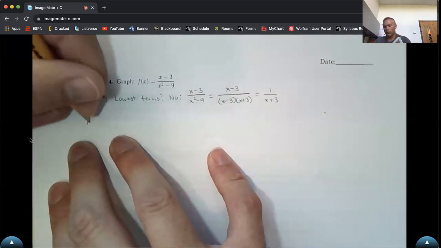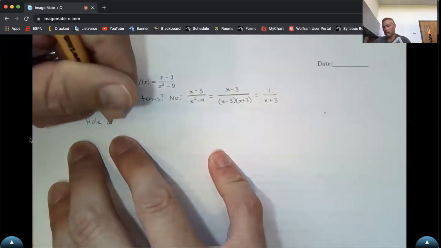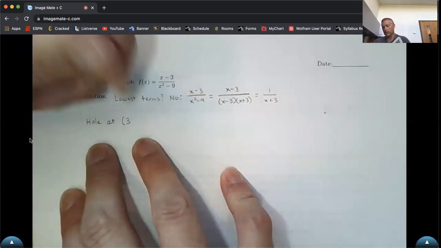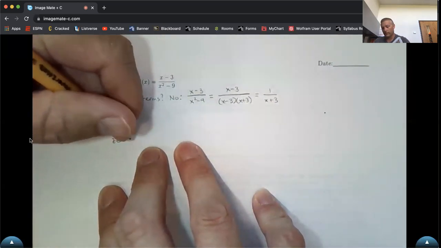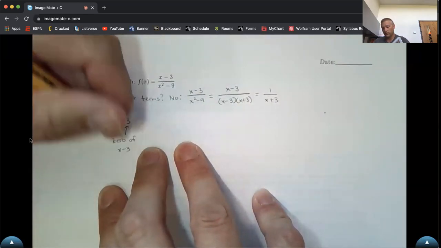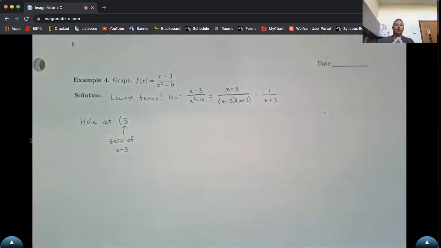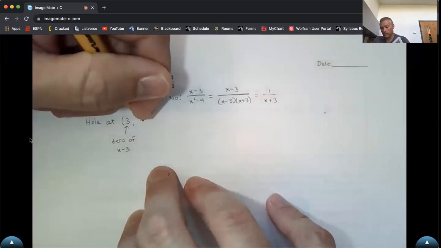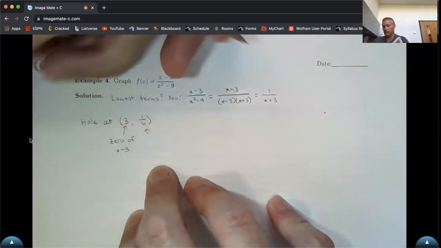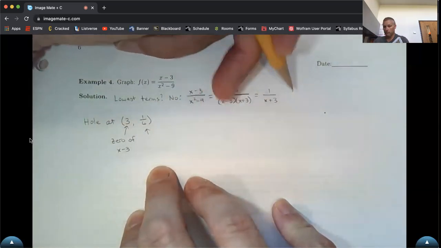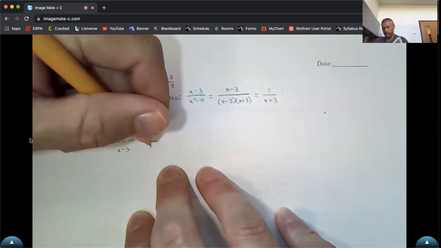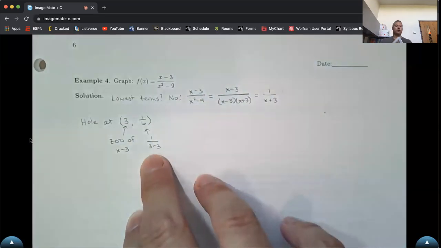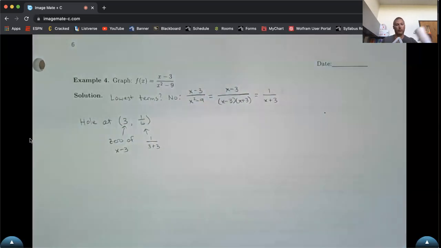So we get a hole at x equals 3. So this is the 0 of the canceled factor. The y coordinate of that hole is 1/6. The 1/6 comes from plugging in 3 to this function after cancellation. So plugging in x equals 3 to 1 over x plus 3.